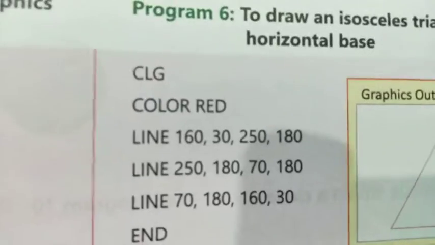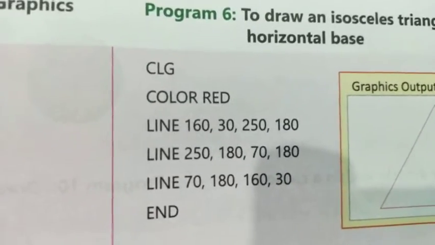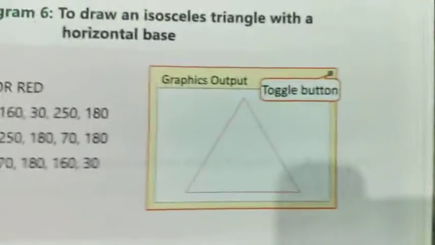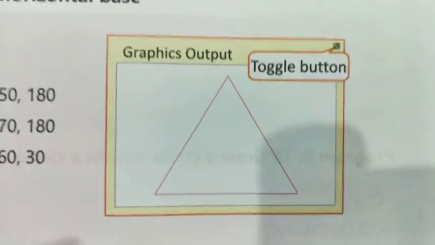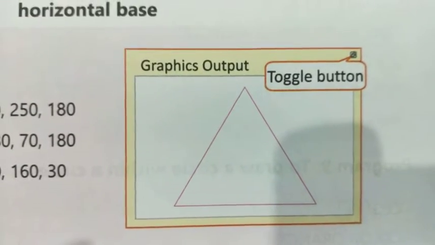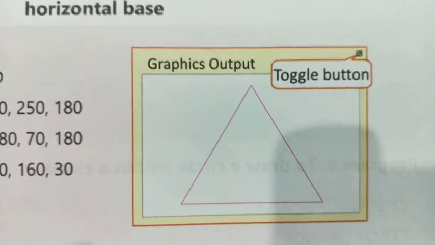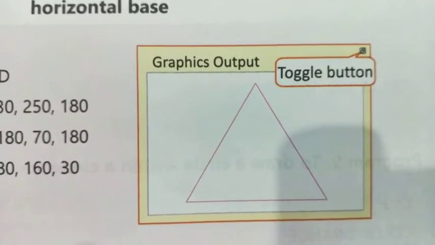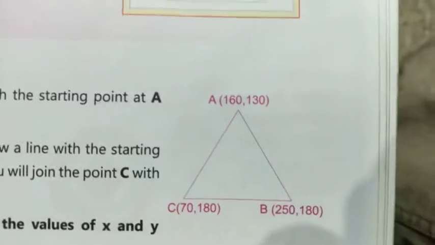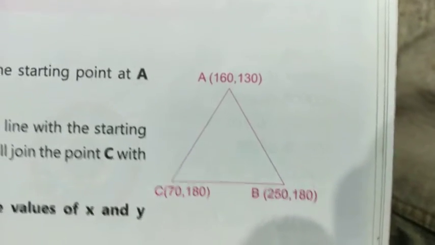After that you have to give the END statement to end the program. So you will get your output like this in your computer. See, the color will be red because you have assigned the red color there. Seen how to draw the triangle with the line statement.